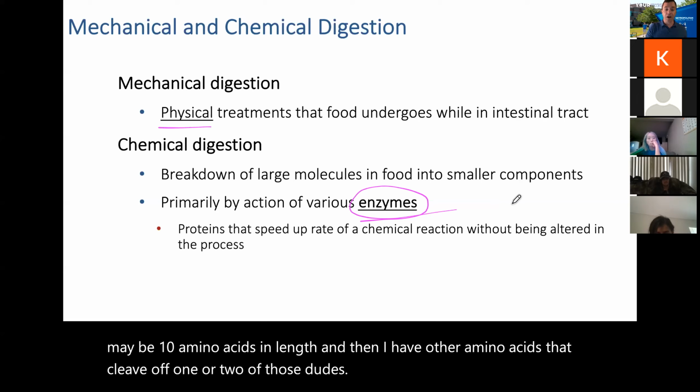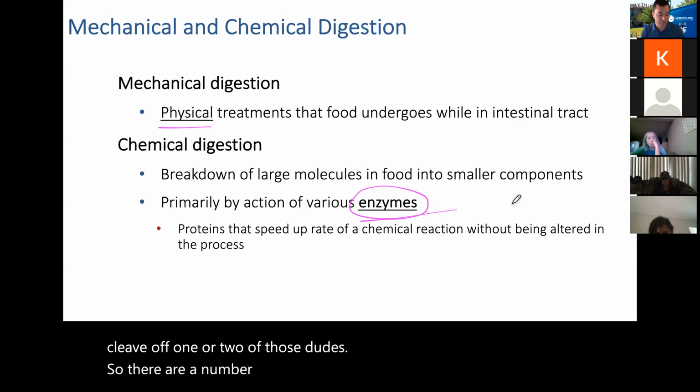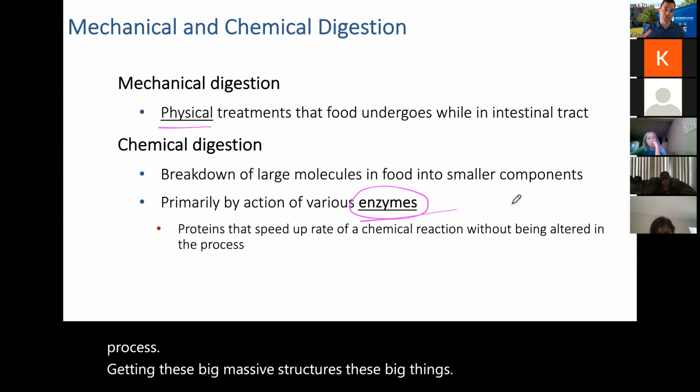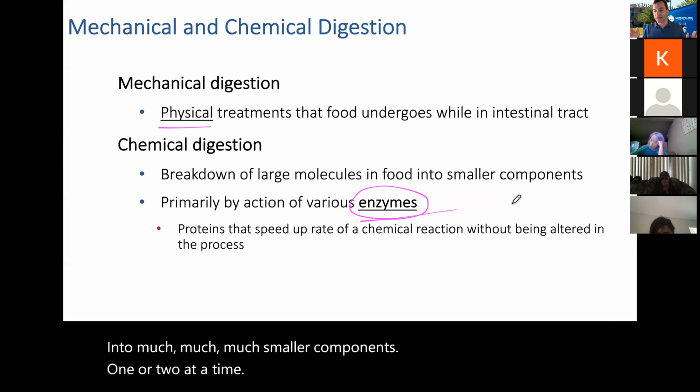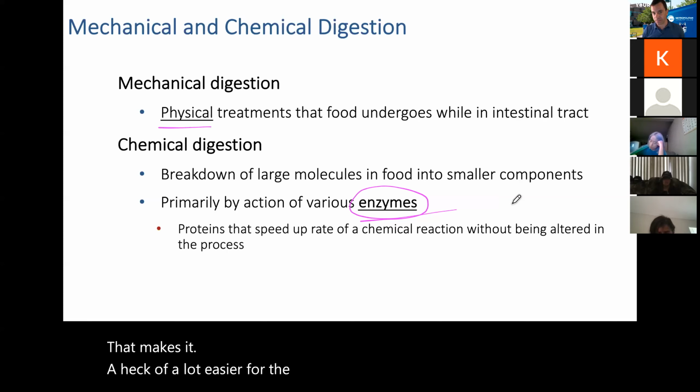So a number of enzymes are involved in this process, getting these big, massive structures into much, much smaller components, 1 or 2 at a time. That makes it a lot easier for the body to then absorb them.